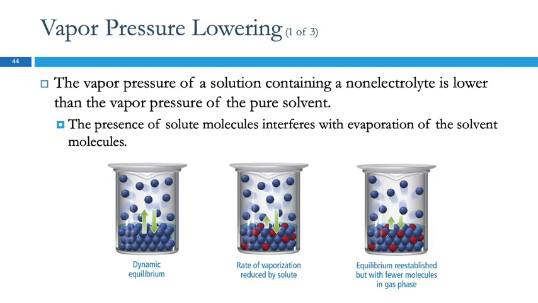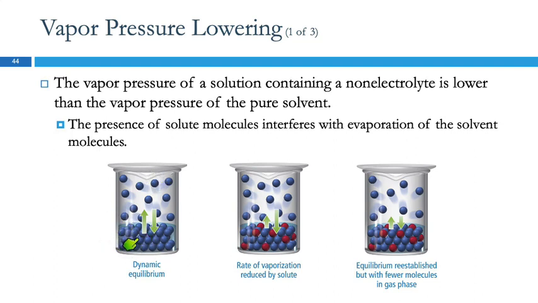Vapor pressure lowering is a colligative property. The vapor pressure of a solution that has a non-electrolyte solvent is lower than the vapor pressure of the pure solvent. So we talked about vapor pressure, and here we have a beaker with a watch glass on top, so it's a mostly closed system.